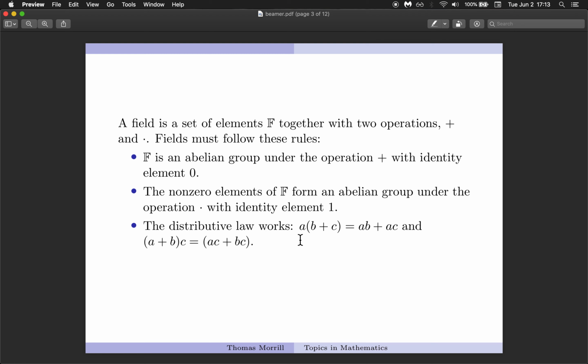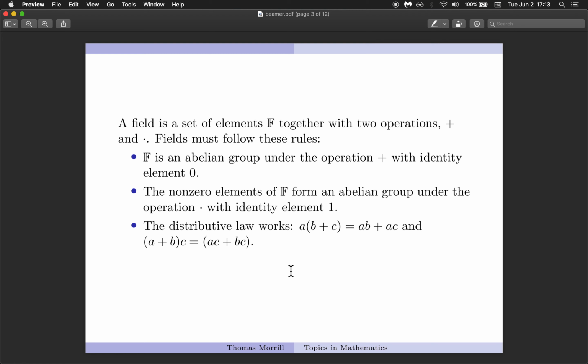So A times the element B plus C is the same calculation as what we would get by taking A times B and adding that to A times C. And likewise, if we take the element A plus B and then multiply by C, that would be the same calculation as taking A times C and adding to that B times C. So standard sort of stuff.